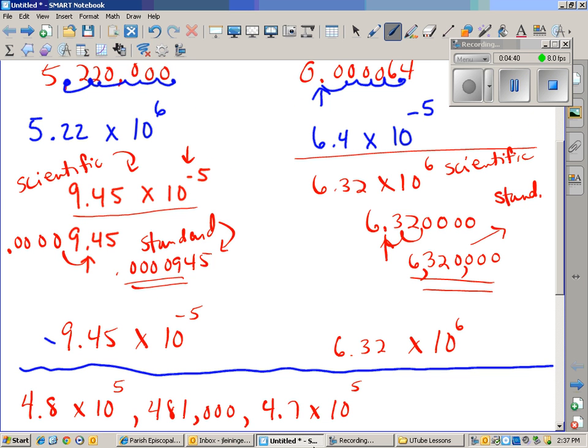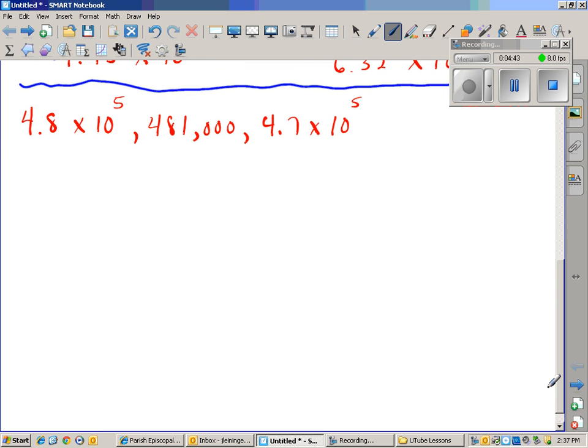Okay, one last little thing. We use scientific notation to compare numbers. And in order to compare numbers, all of your numbers need to be in scientific notation. That guy's not. So let's do that first. 481,000, find the decimal point right here.